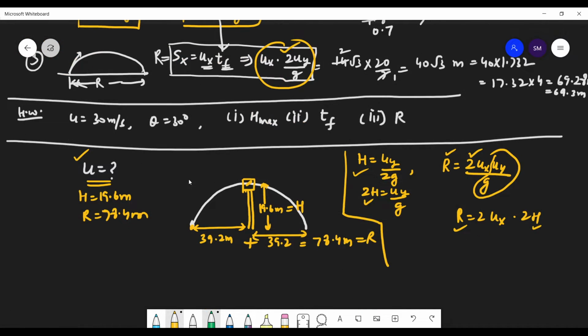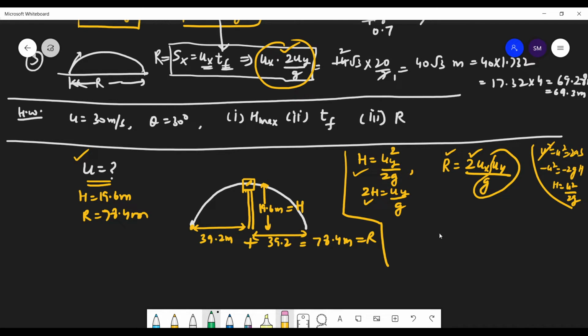Yes, absolutely. I have not written it. Actually, this is the formula U square by 2G. See, V square minus U square is equals to 2AS. So at maximum height V will be 0. So minus U square is equals to minus 2GH. So H is equals to U square by 2G. So H is equals to Uy square by 2G.